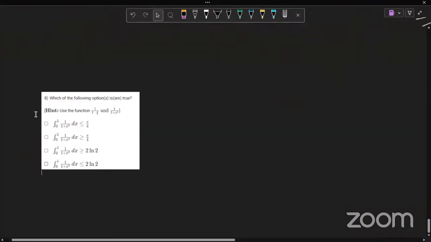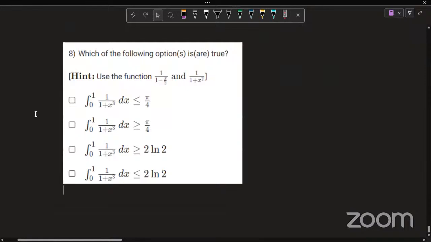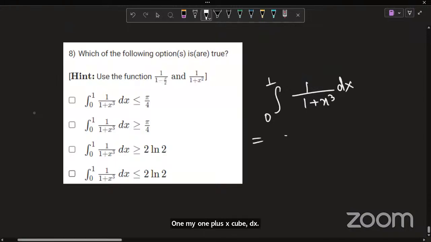Is it visible? Yes, sir. So you have to find the area. Tell me the area of 0 to 1, 1 by 1 plus x cube dx. So tell me the area of this function.